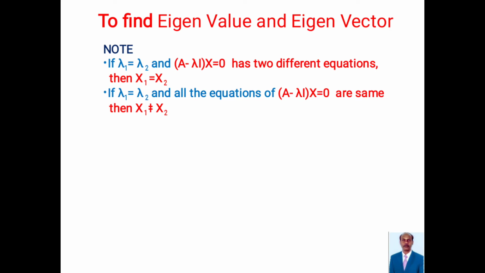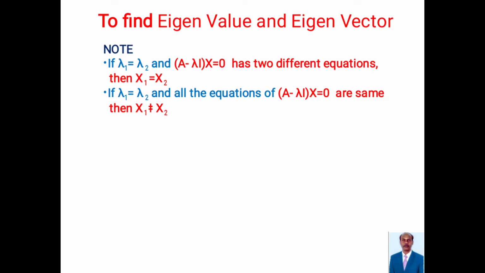To find eigenvalues and eigenvectors, we must note two conditions. If lambda 1 equals lambda 2, that is, two eigenvalues are the same, and A minus lambda I times x equals 0 gives two different equations, then x1 is equal to x2.